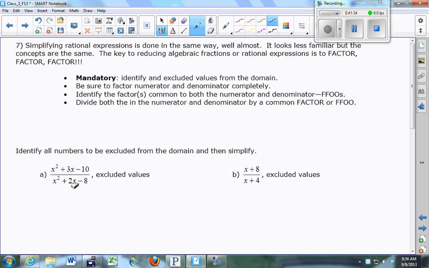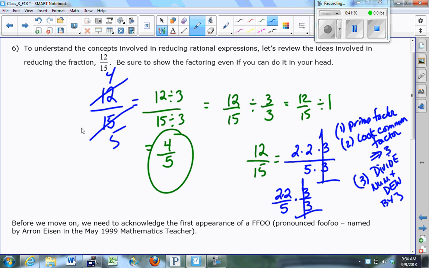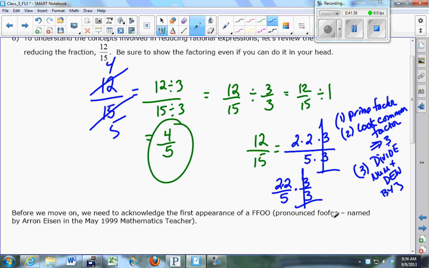If we're unclear about the process with numbers, we're not going to be able to translate it to rational expressions. So this method right here, where I say factor and factor and find a common factor, even though you don't do all that work out, that's what allows you to put this slash here and call this 4/5.